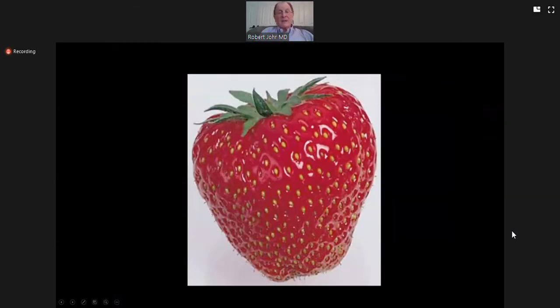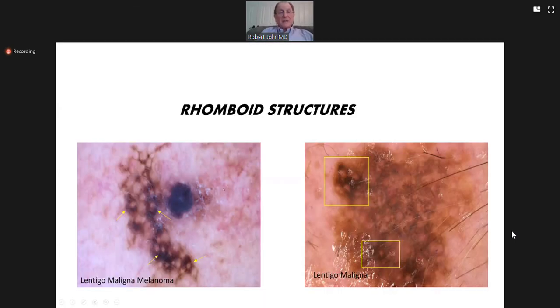So next thing, structures on the face are rhomboid structures. And really, you don't need to look for rhomboids, it really means complete thickening or complete pigmentation, irregular pigmentation around follicular openings. So they don't look like rhomboids mostly, it's just complete pigmentation. It's not partially pigmented.